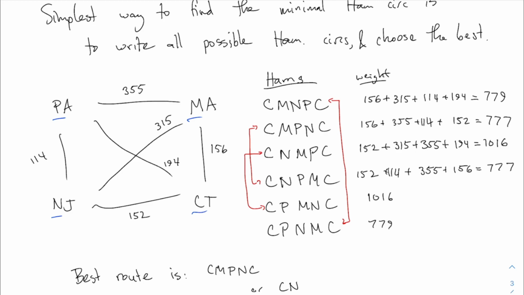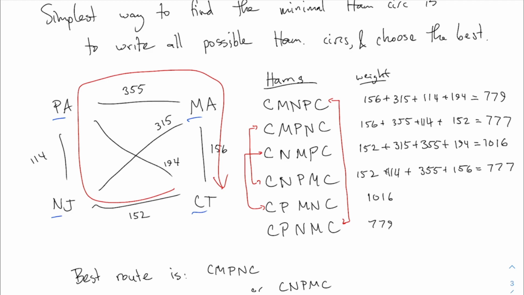C, N, P, M, C. They're the same because it doesn't matter if you go one direction versus the other direction. On the picture, that would be, just so we can see, C to N first and then to P. So on the picture, it's this one, right? C, N, P, M, C. Or the other way around is the best way to do it. All right.